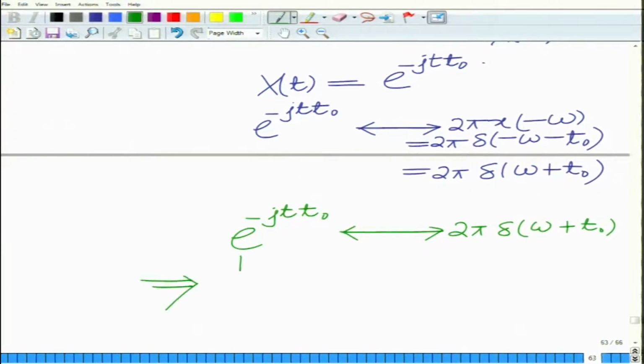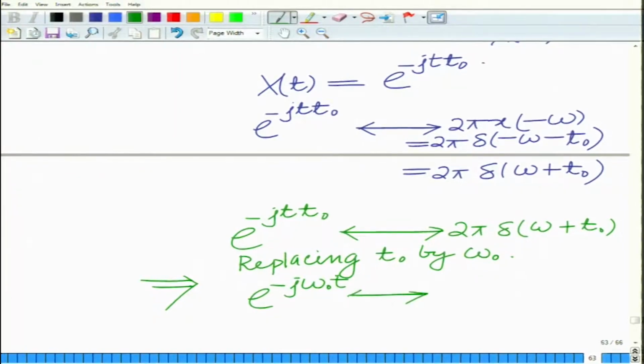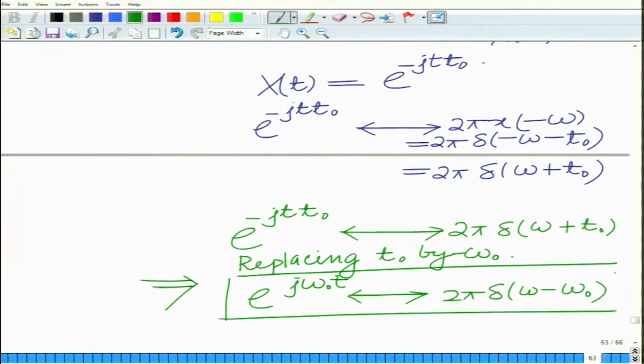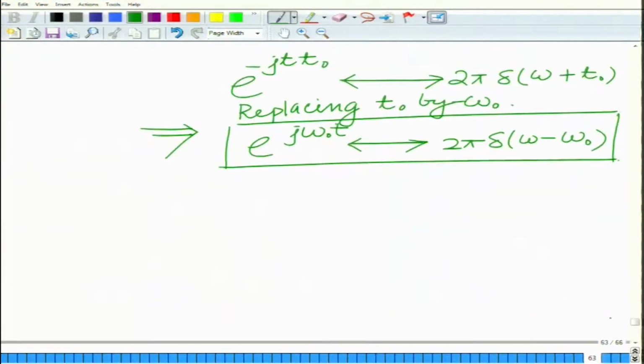Now, replacing t naught by minus omega naught, we have e raised to j omega naught t has the Fourier transform 2 pi delta of omega minus omega naught, that is the complex exponential e raised to j omega naught t.